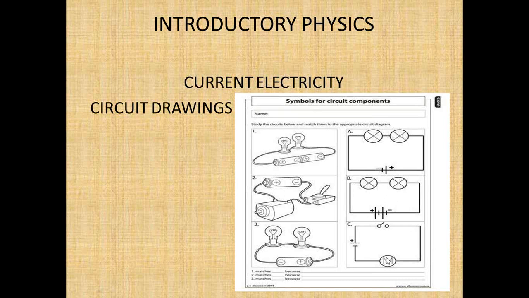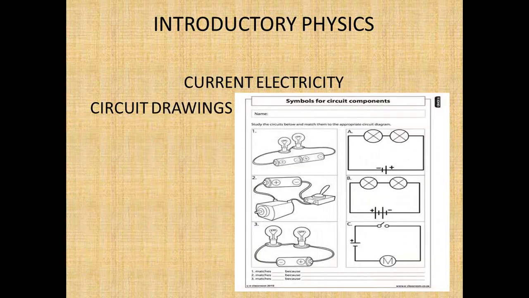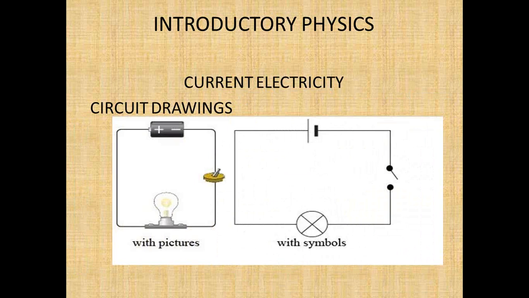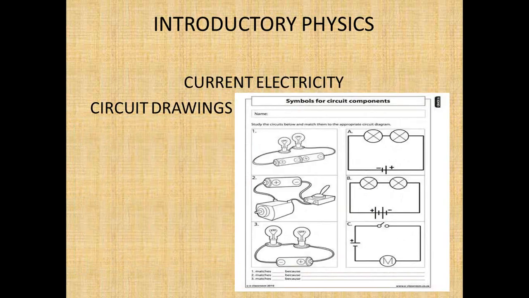You have a motor, and you have a switch. And then let's look at this one now. This has one cell and two bulbs. So positive terminal, negative terminal, and two bulbs, okay?